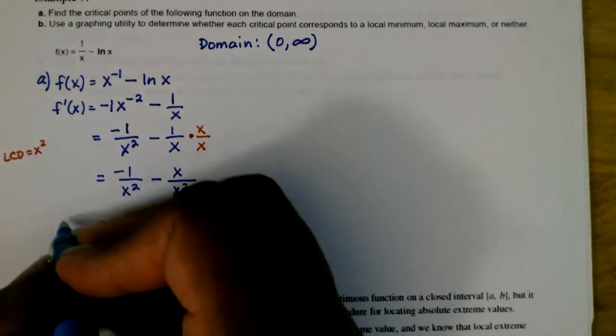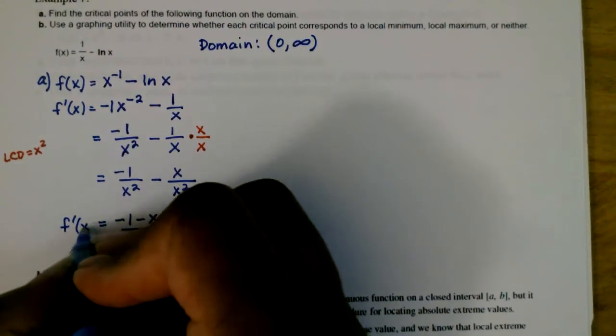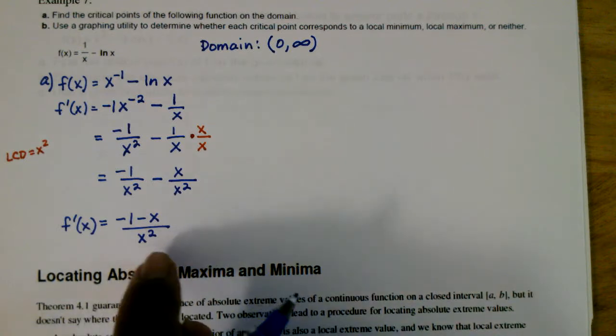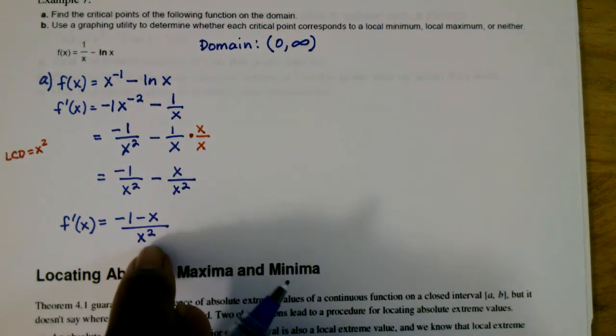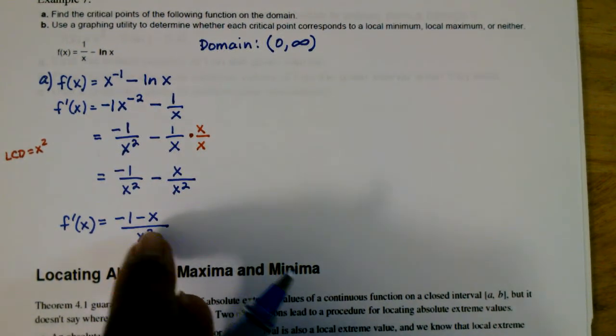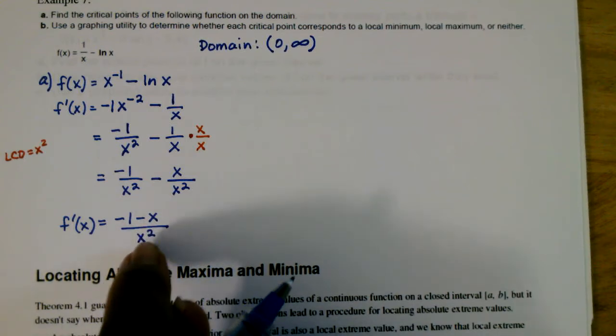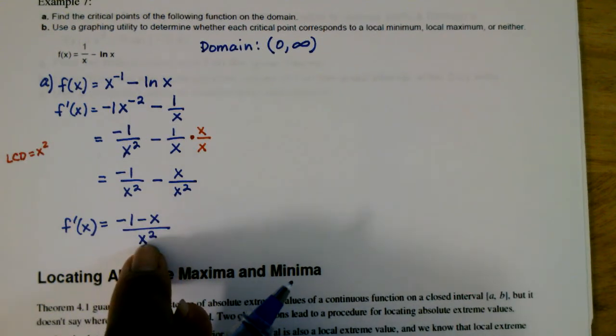So this is what f prime of x is going to be. Now, to find your critical values, we know that f prime of x does not exist when x is equal to 0.